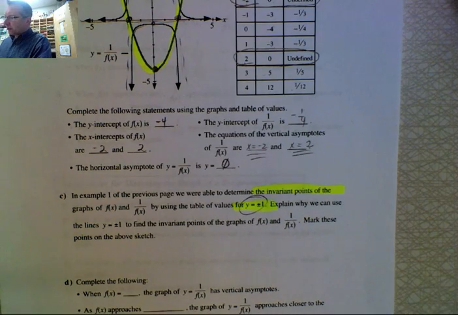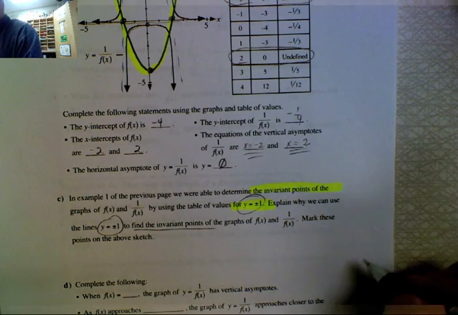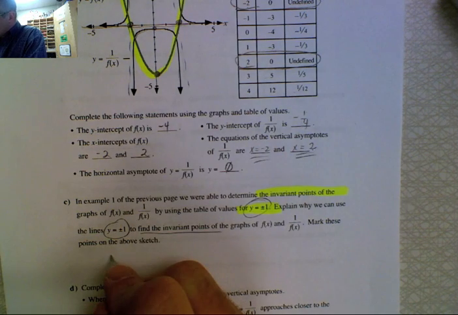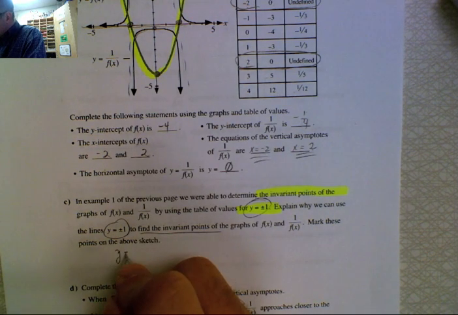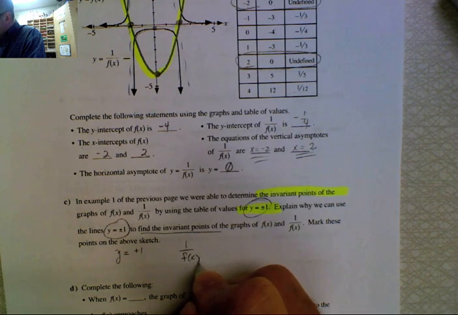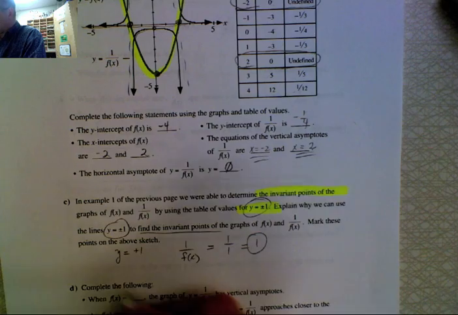It says explain why we can use the line y equals positive and -1 to find the invariant points of these particular graphs. Well, basically, if we have y being +1, then when I take the reciprocal, I'm still going to have 1 divided by 1, which still gives me the point 1.